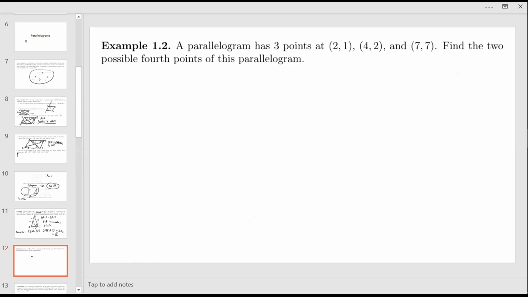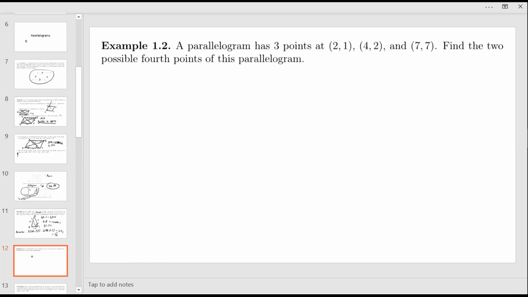Now let's do this example. A parallelogram has 3 vertices at (2, 1), (4, 2), and (7, 7). The problem is asking us to find the 2 possible points for the other vertex of this parallelogram.